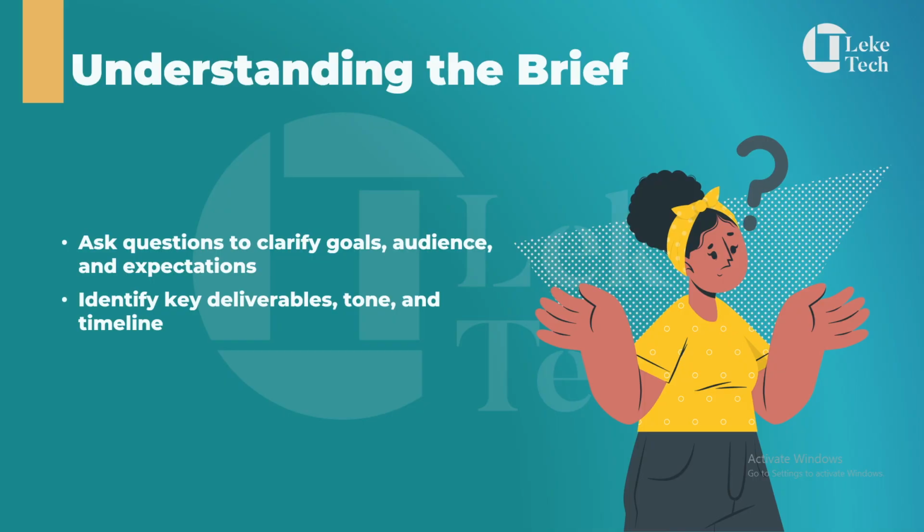In a client's mind it might be one flyer that will have everything: courses, community, all of it. So you organize the ideas and say, this will be better placed in two flyers for better clarity and better communication. That's what we mean by understanding the brief: clarifying the goals, the expectations, and identifying the key deliverables.